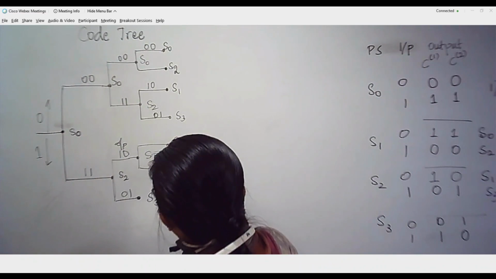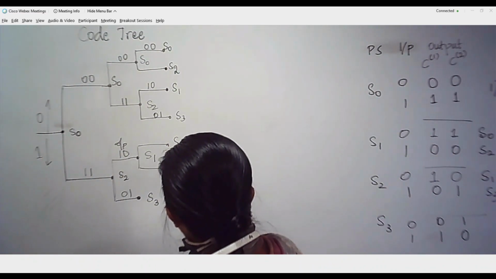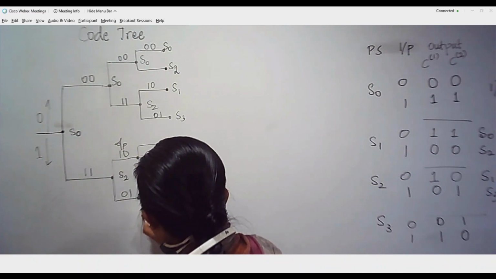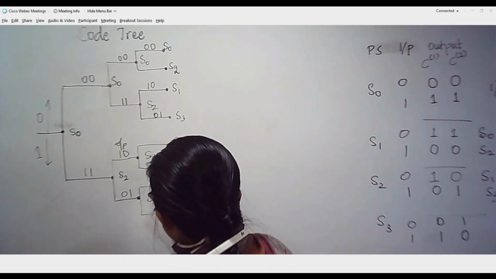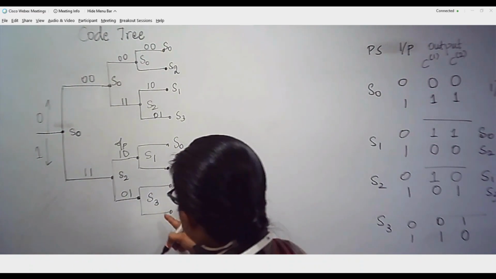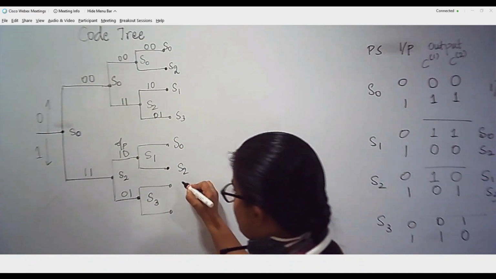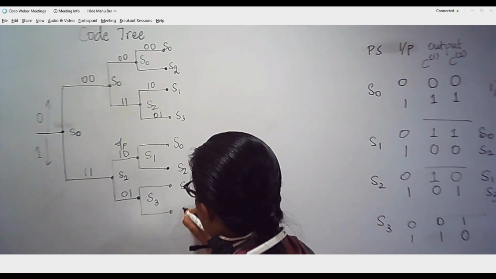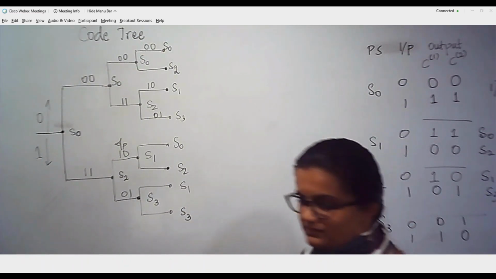So this will go to S0 or S2. Again from S3, if you are going to do the transition, the possibilities are 0 and 1. If I am giving 0 as the input, it will go to S1, or it will remain in S3.